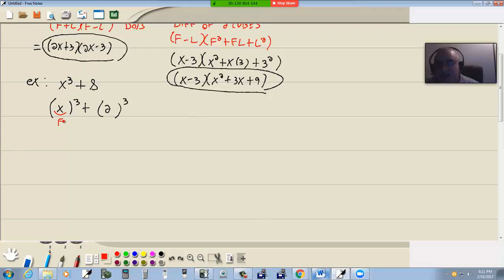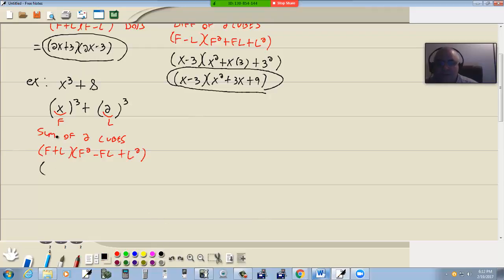I'll label what's in the first set of parentheses as F for first. I'll label what's in the last set of parentheses as L for last. This is the formula for the sum of two cubes. So it'll be F plus L times F squared minus FL plus L squared.